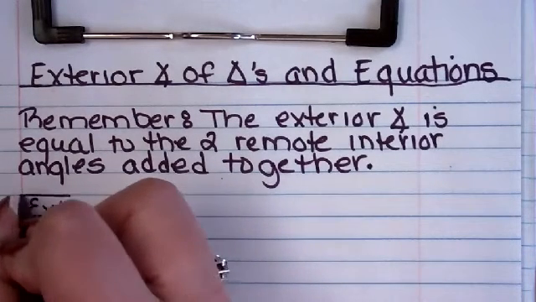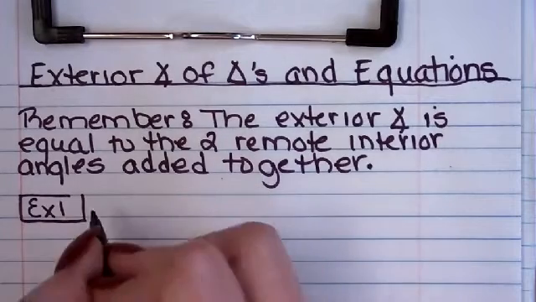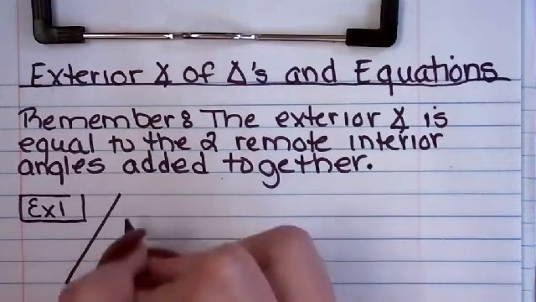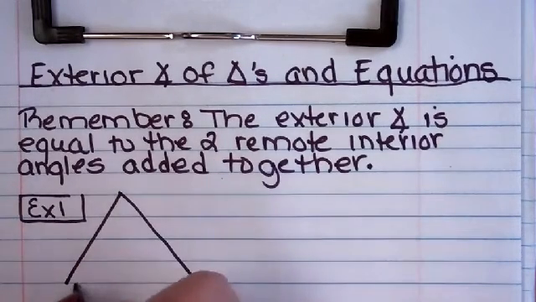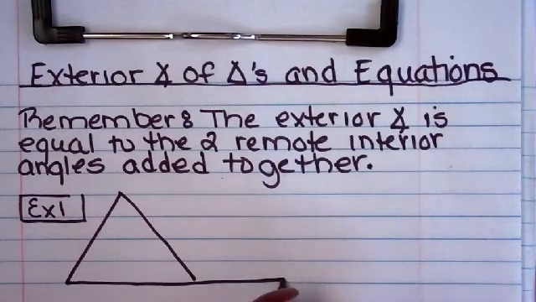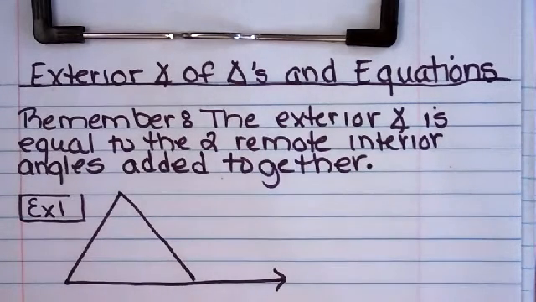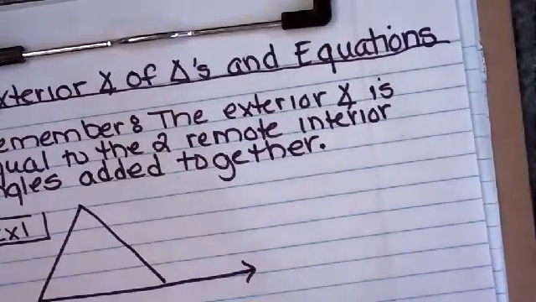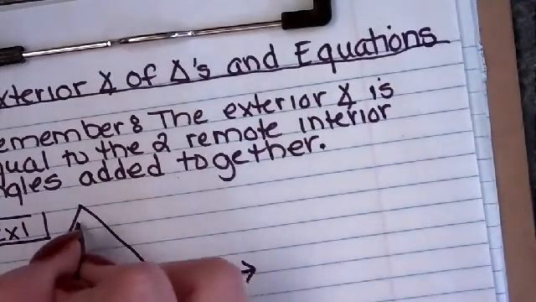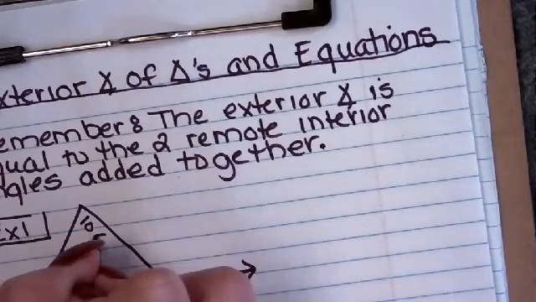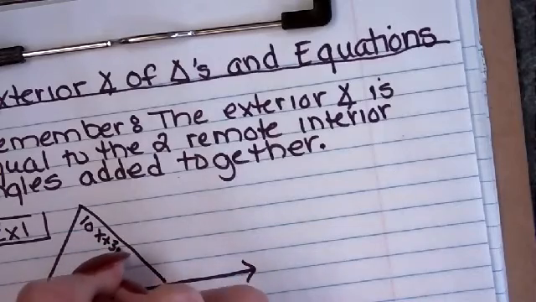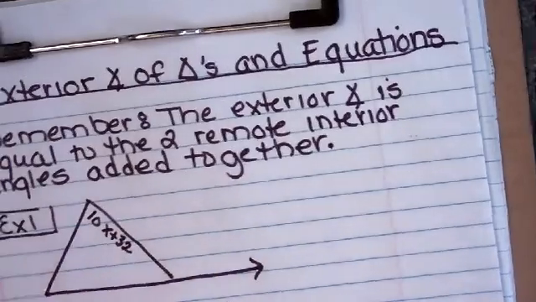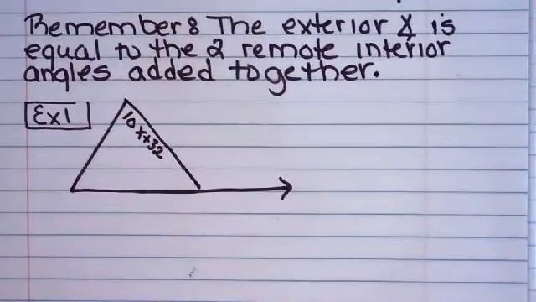Example 1. Okay, here is my triangle, our little basic model triangle that we're used to, just like that. Now, we're going to let this top angle right up here be 10x plus 32. Okay, so 10x plus 32.